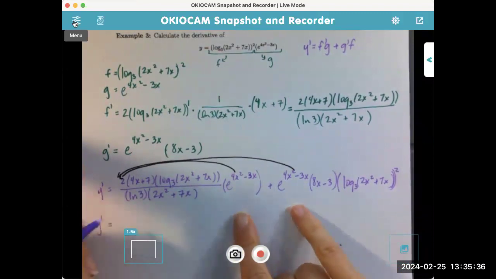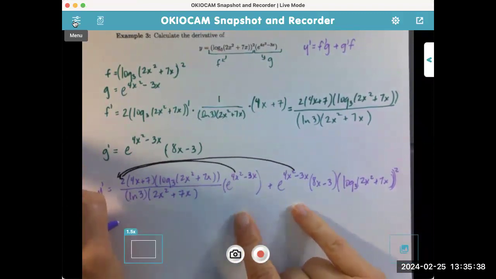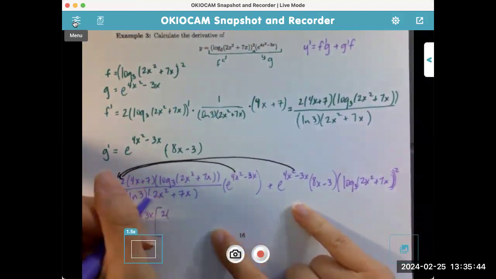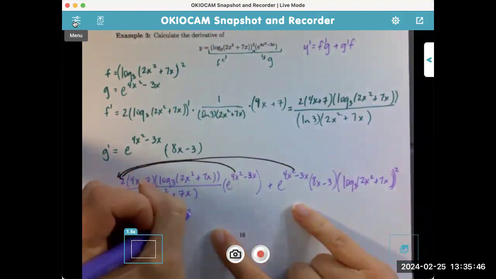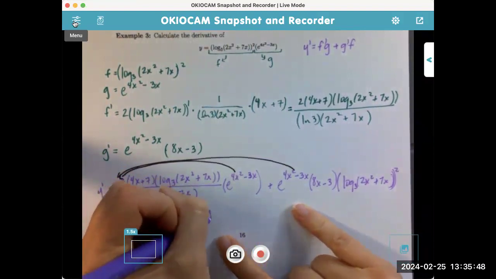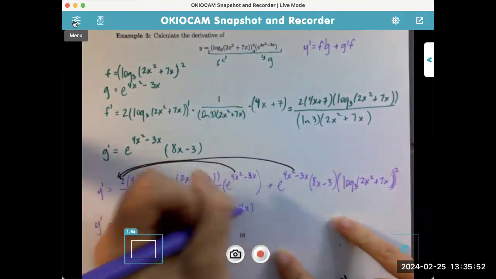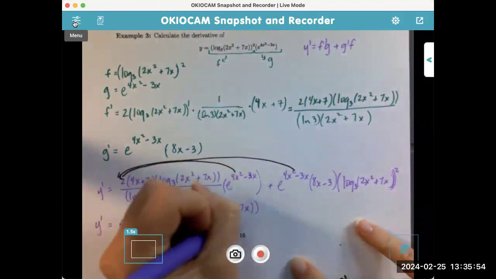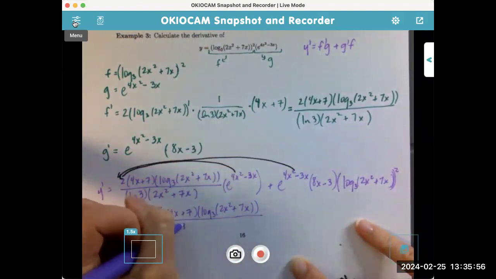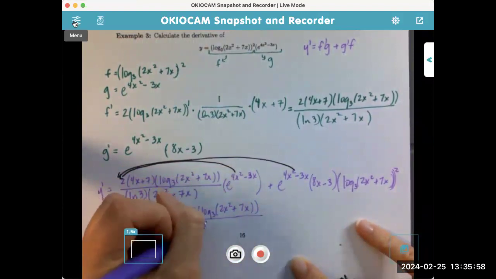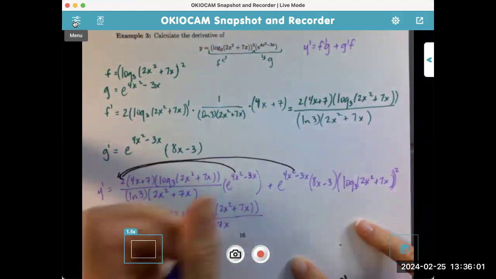So I'm going to call this e to the 4x squared minus 3x times 2 times 4x plus 7 times the log base 3 of 2x squared plus 7x, all over natural log of 3 times 2x squared plus 7x.